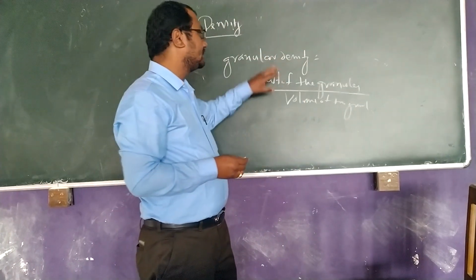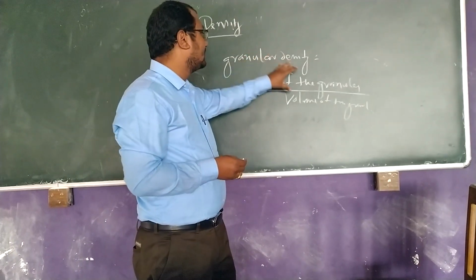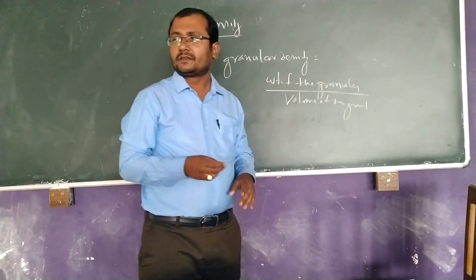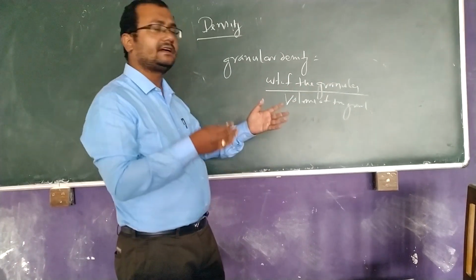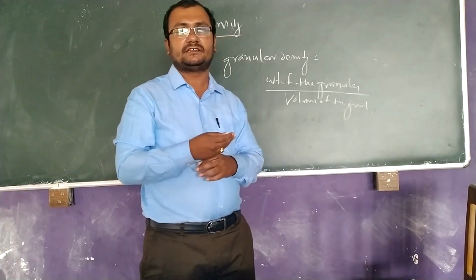This is the same procedure we saw in bulk density. We take the weight of the granules, then we find out the volume of the granules. For that there are different techniques. By simply taking the measuring cylinder we cannot find this out.